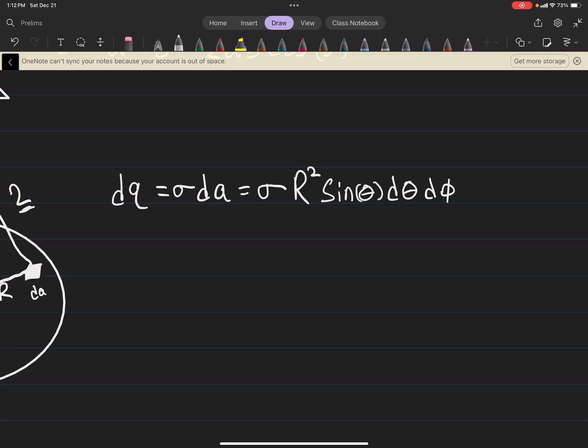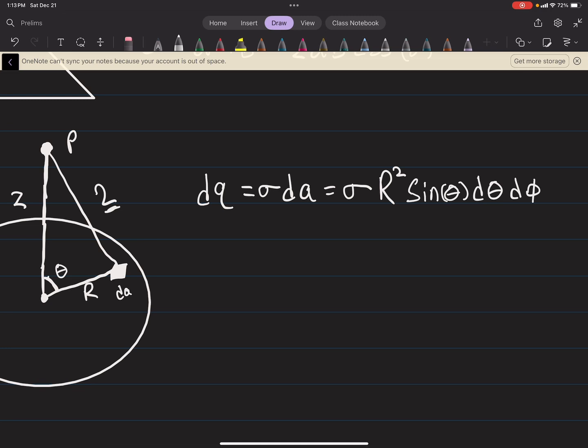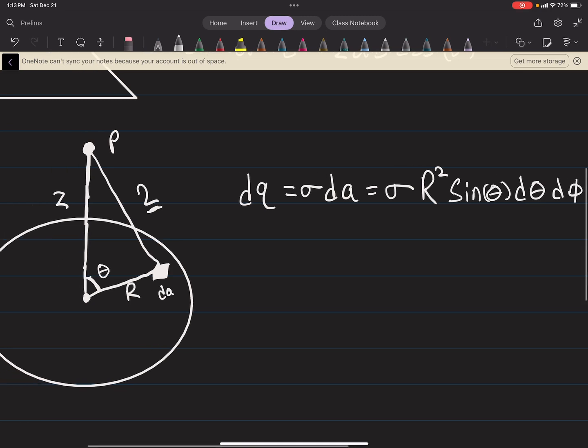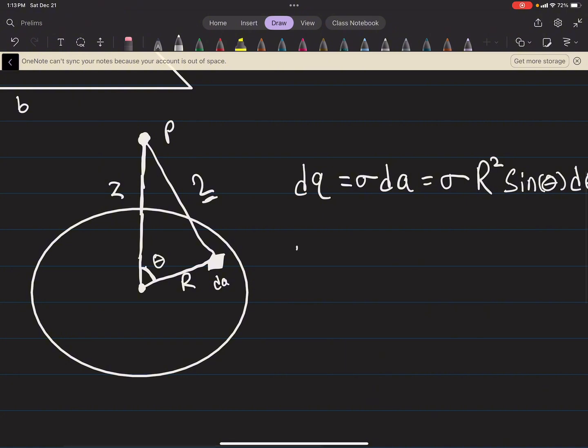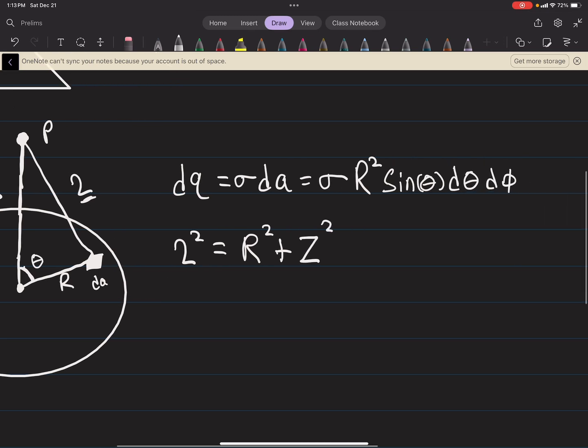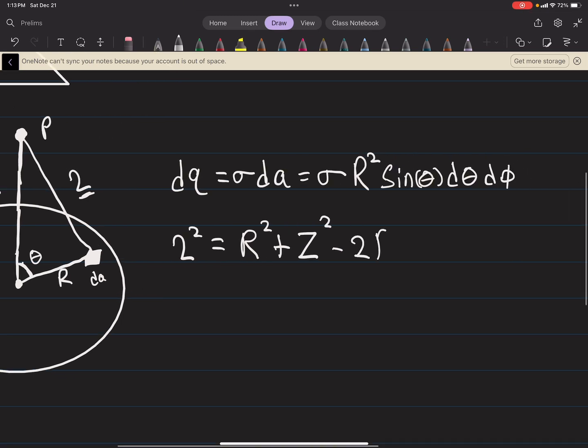I think this was derived in chapter 1 material, if you're not sure about that, for the dA of a sphere, but that's what that is. Next up, script r. Since angle theta is opposite of that, script r squared is going to be the sum of the squares of the two legs of the triangle, r squared plus z squared, minus 2rz cosine theta.